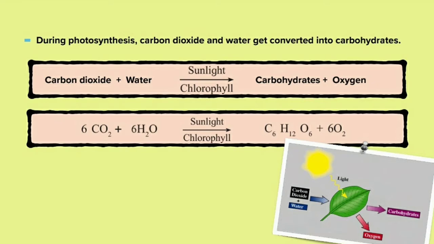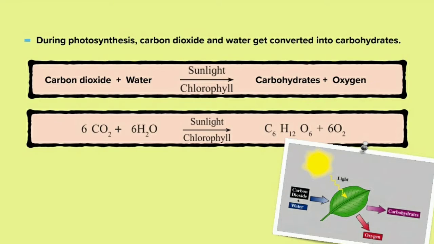So what is happening? Water, minerals and salts are absorbed by the roots from the soil. The stem transports them up to the leaves. The leaves have microscopic openings called stomata, through which they take in the carbon dioxide from the air.